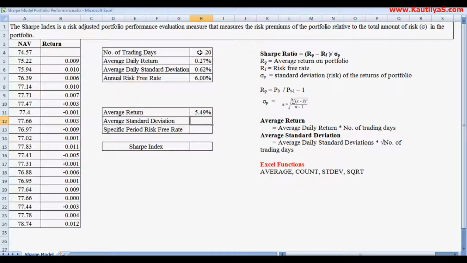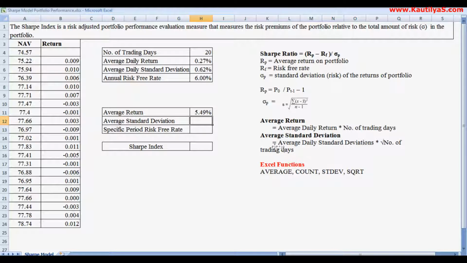So we got an average return for a period. This is a 1 month period. So for 1 month the average return is 5.49%.